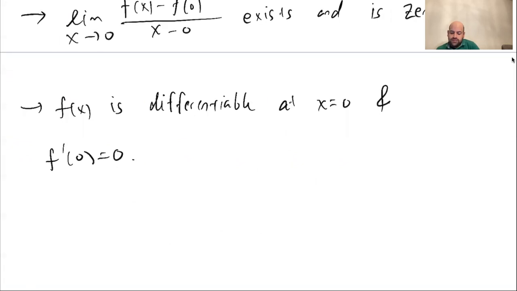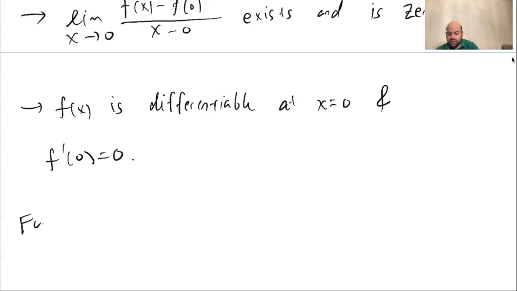Okay, so we checked the condition for differentiability of f on our interval a to b. And of course, it's continuous on the closed interval as well. So the conditions of the theorem will hold. The only thing that we still need to check is f of a equals f of b.